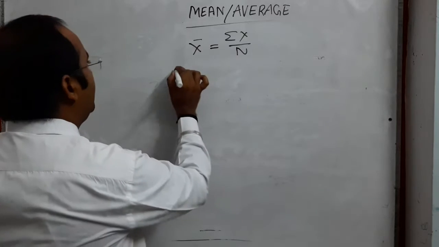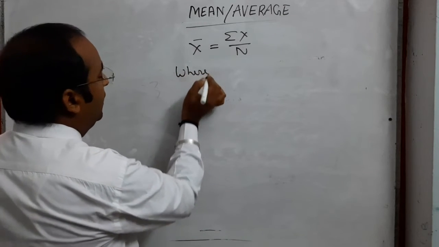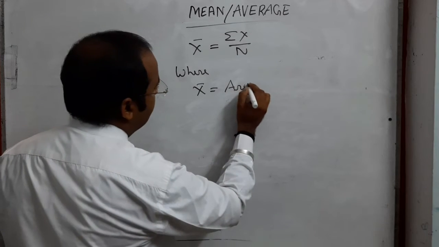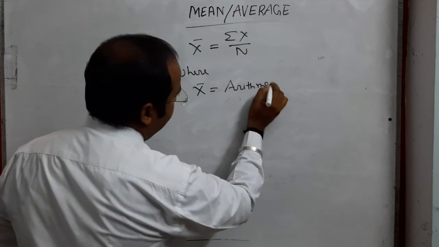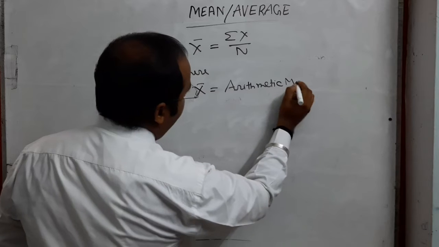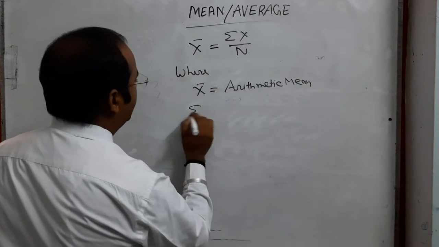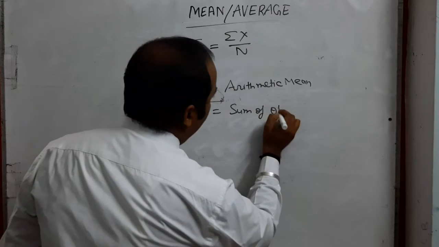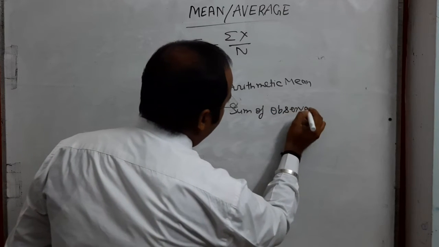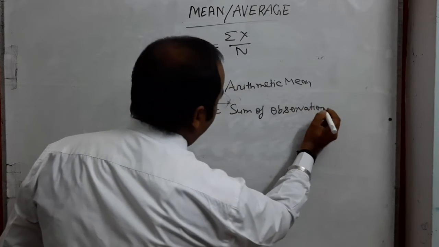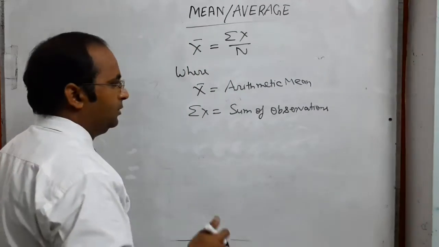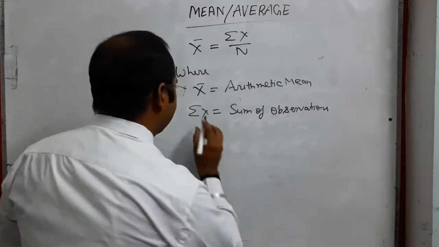Where, what is x bar? X bar is the arithmetic mean. Sigma x is the sum of observations, or variables, or items. Any word you can say.